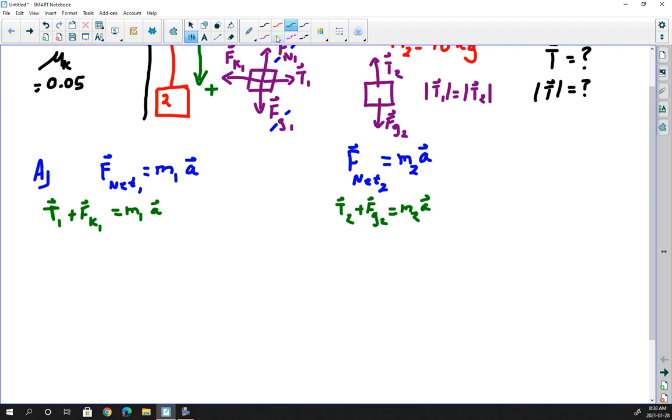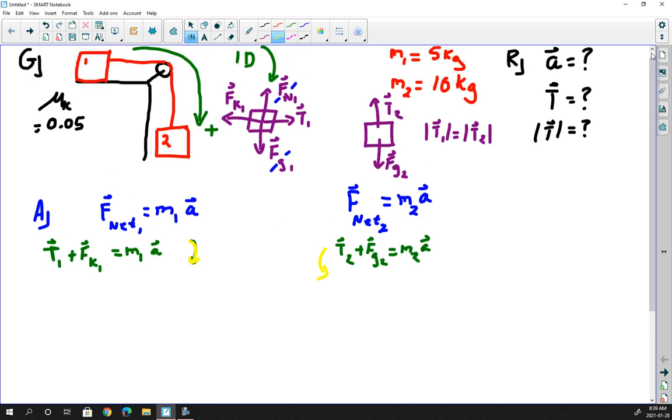Now I'm going to employ that method where we drop the vector notation and look at the free body diagrams to give us direction. Then at the end, when you do any substituting, you substitute in positive values.